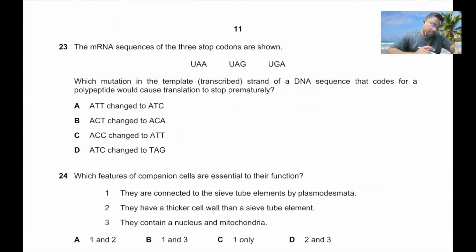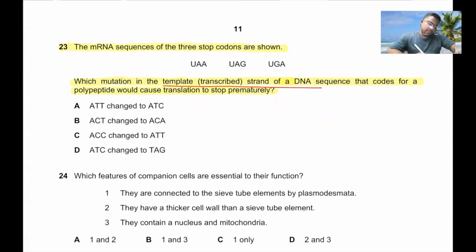Question number 23. The mRNA sequences of 3 stop codons are shown. Which mutation in the template transcribed strand of a DNA sequence that codes for a polypeptide would cause translation to stop prematurely? So the template strand of the DNA sequence ATT changes to ATC.